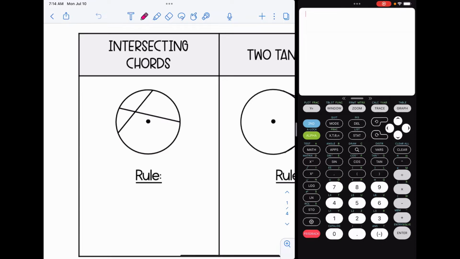In order to write that in our picture, I'm going to label the two parts of one chord as A and B, and the other as C and D. So the rule is multiply the two parts of one chord, multiply the two parts of the other chord, and those two products will be equal to each other. The important rule is that the first two things you multiply should be from the same chord, and the other two pieces you multiply should be from the second chord.